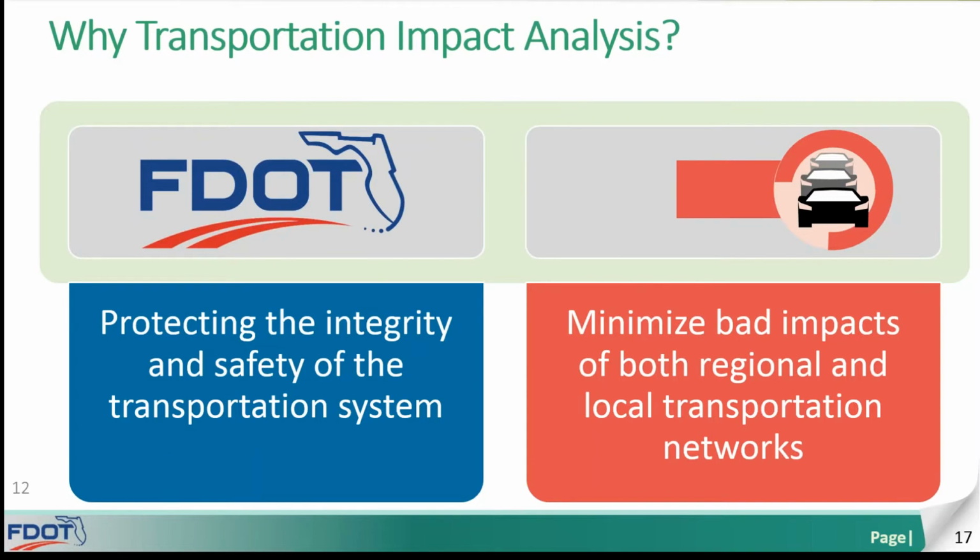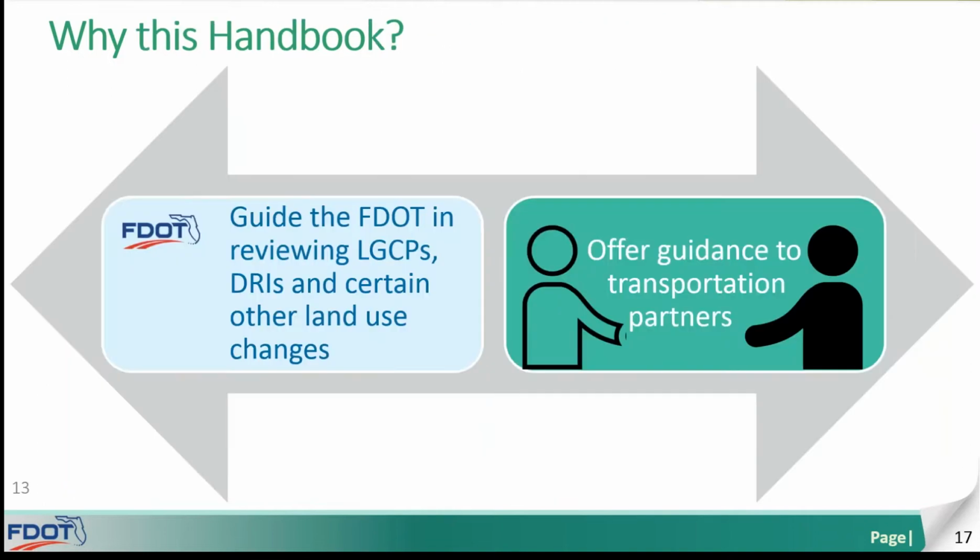So why do we even do transportation impact analysis? Well, first of all, we want to protect the operation safety of the transportation system, and we want to minimize any of the bad impacts that could happen both on the regional and local transportation networks. So what we try to do with this handbook is that we try to guide our FDOT staff in reviewing local government comprehensive plans, developments of regional impact, and certain other land use changes.